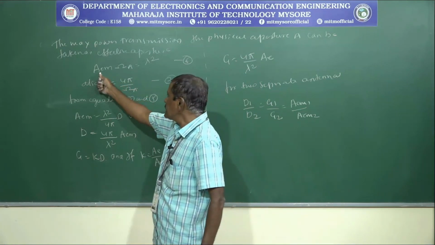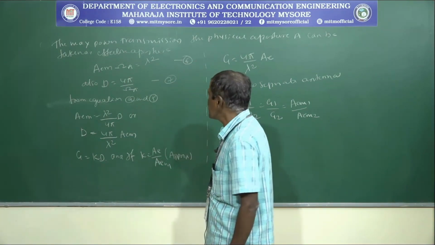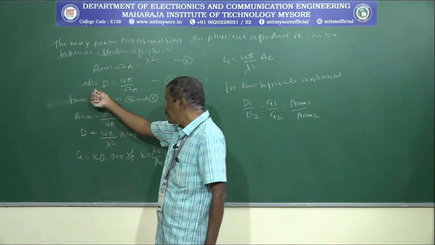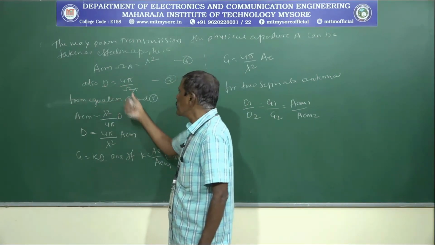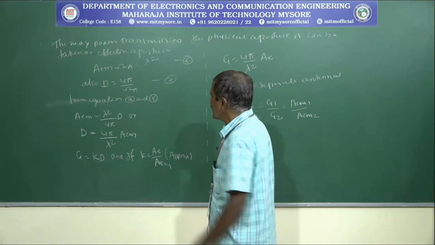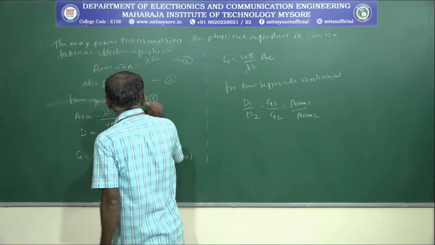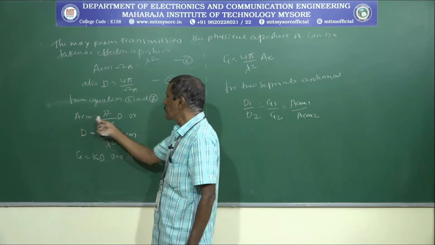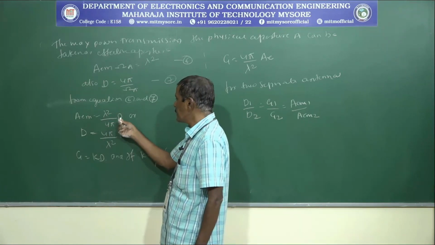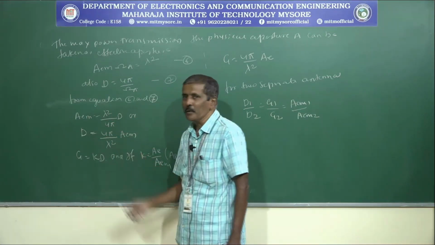Then we can write AEM into omega A is equal to lambda square, equation number 6. And already we know that directivity is equal to 4 pi by omega A, equation number 7. Then from equations 6 and 7, AEM equal to lambda square divided by 4 pi into D, or D is equal to 4 pi by lambda square into AEM.